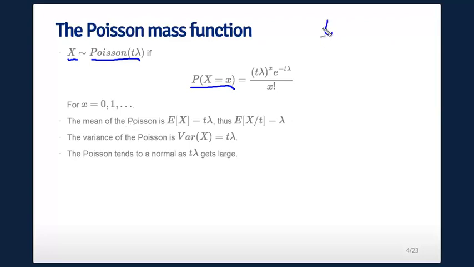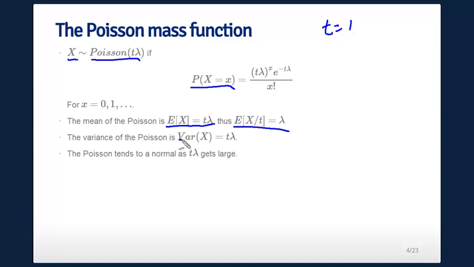Often t equals 1, so you might specify this in terms of lambda. The mean of the Poisson random variable is the expected value of x equal to t lambda, which means the expected value of x over t is lambda.